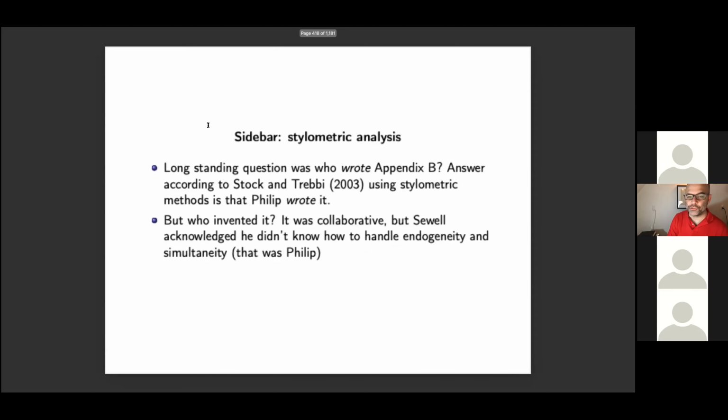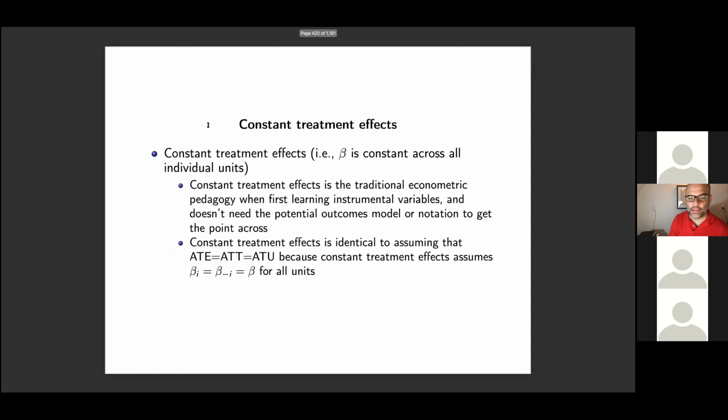I'm going to skip its history, even though I love going into that. I want to put out a couple of points here. There are two kinds of treatment effects. There are situations where the treatment effect is the same for every person, constant. Or the treatment effect may differ for different people, heterogeneous.